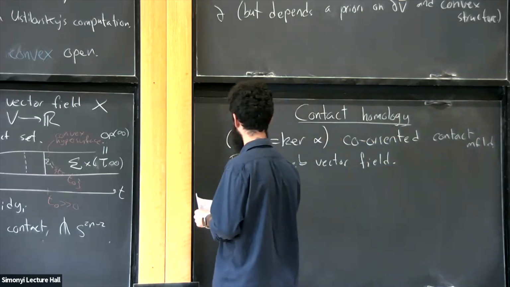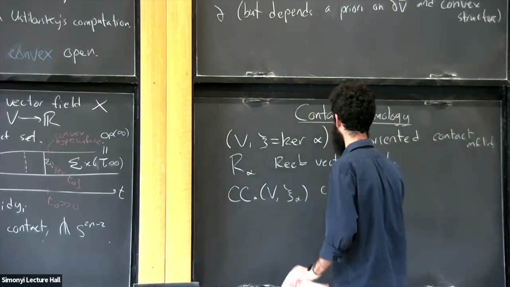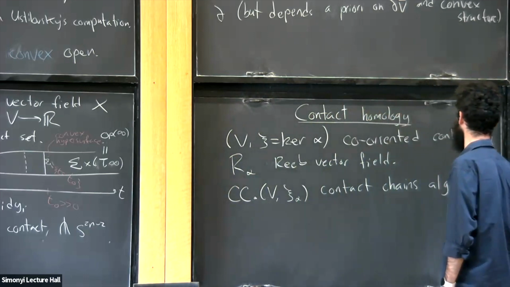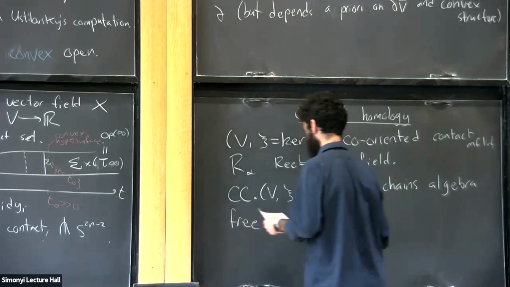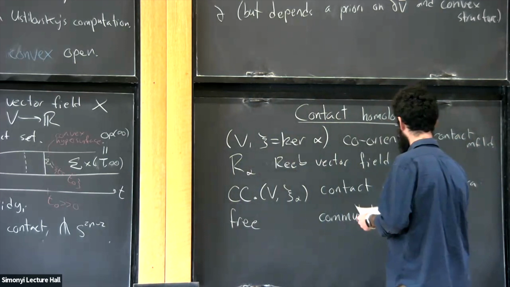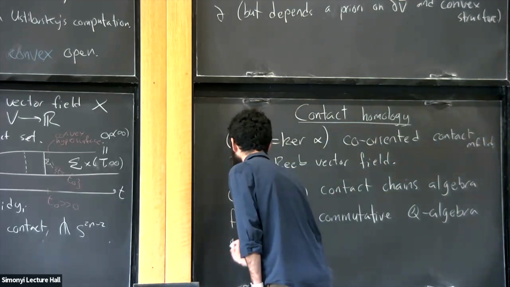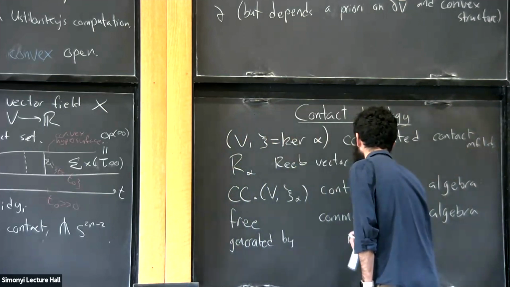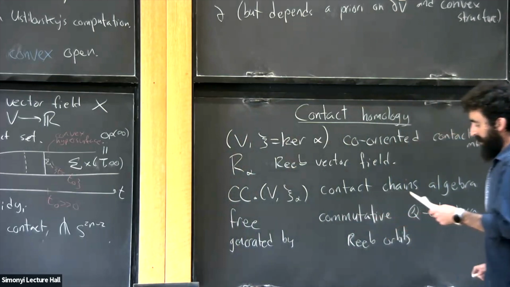And then we consider this algebra, the contact chains algebra, which is the free commutative Q algebra generated by the Reeb orbits.